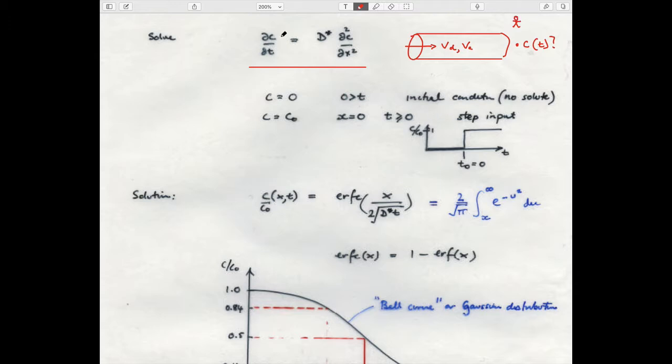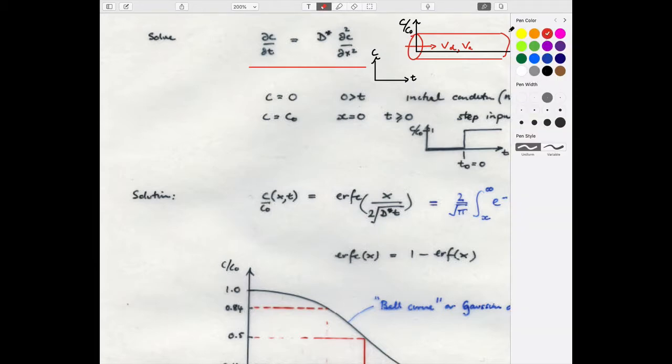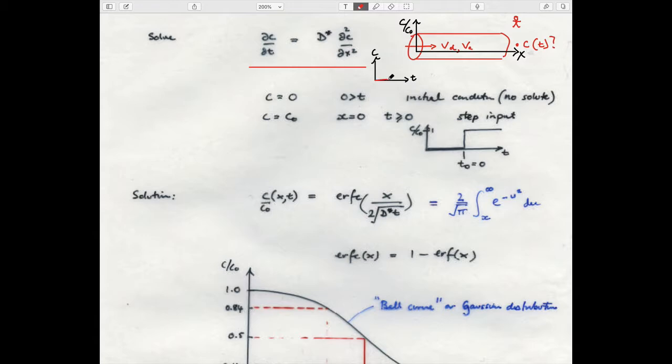And the means to do that is to take this expression here and apply boundary conditions to it and a geometry. And typically the geometry that we would supply would look like this, that would say something about the distance downstream from some location where we have a concentration, and that upstream we apply some kind of boundary condition that defines as a function of time the concentration that we apply, which might look like this.